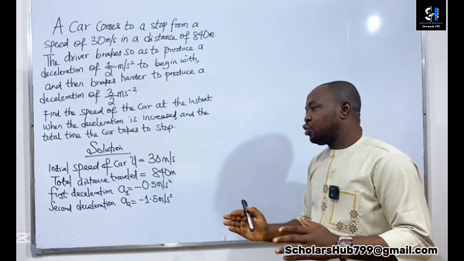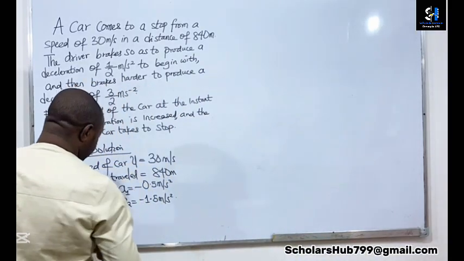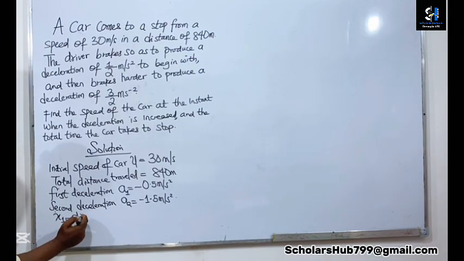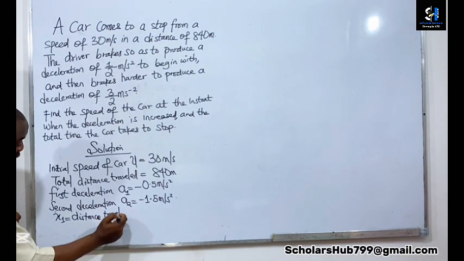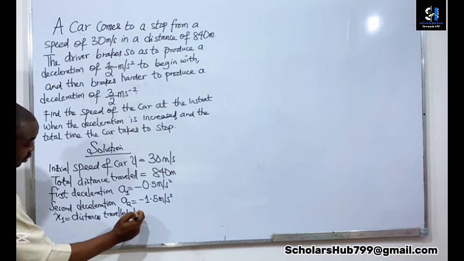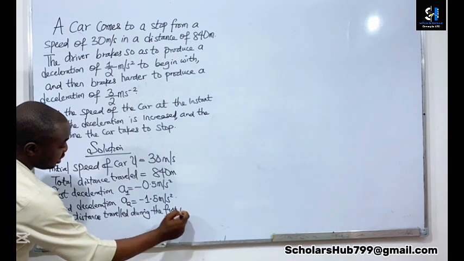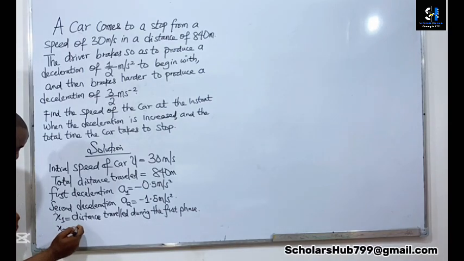So now we're going to employ one of the equations of kinematics in this case. Before I introduce the equation, we can say x1 represents the distance traveled during the first phase, while x2 represents the distance traveled during the second phase.